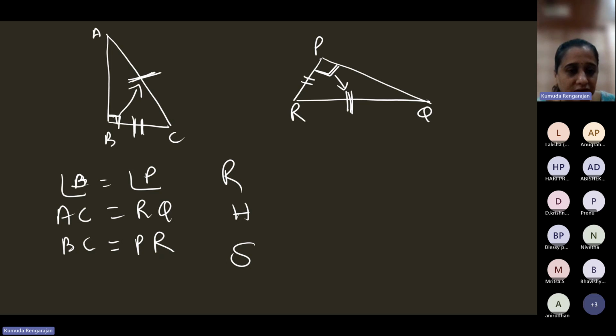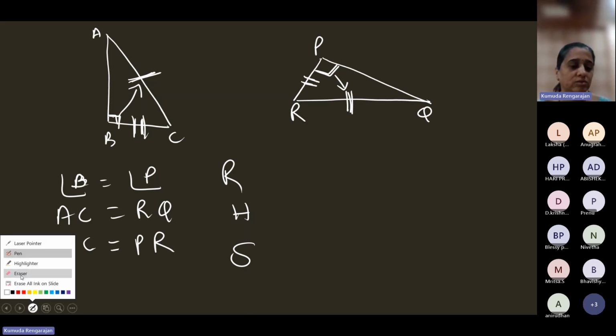It's marked, it's given. So like this, by the RHS congruence rule, the two triangles are congruent. Now the remaining angles and the remaining sides also will be equal by CPCT.